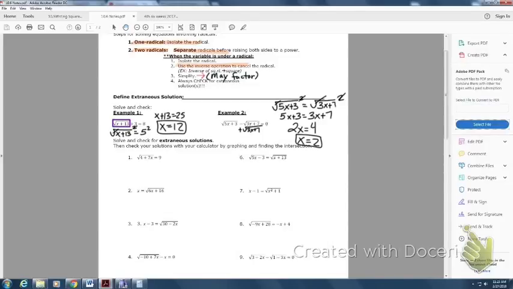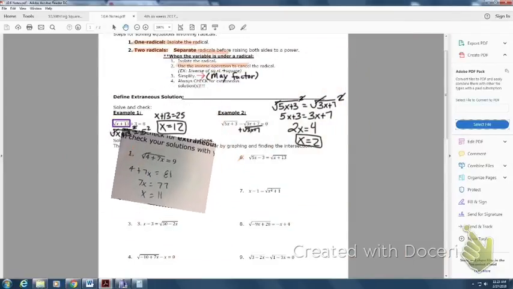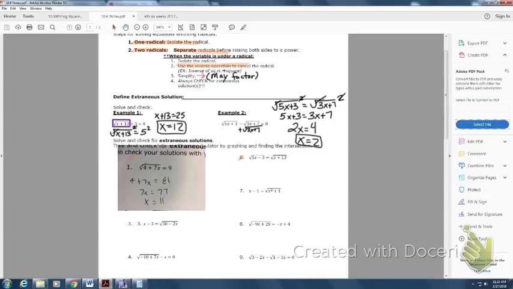So next, I want you to attempt the practice problems. Here is the answer to number 1.